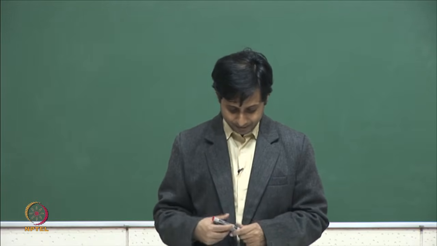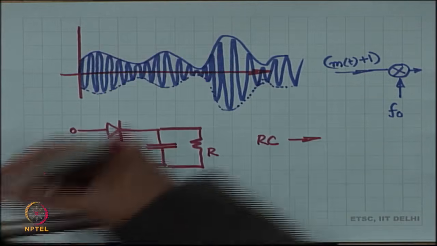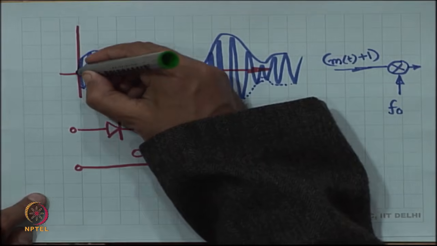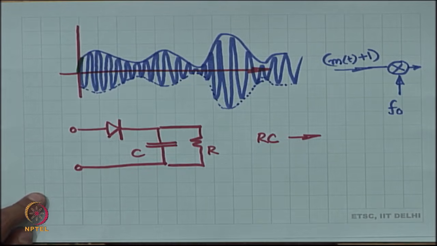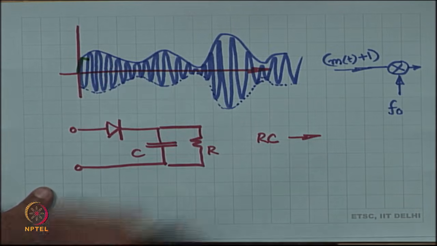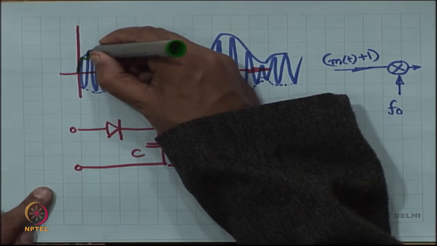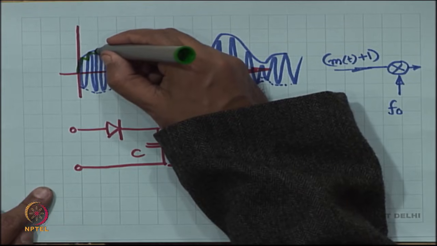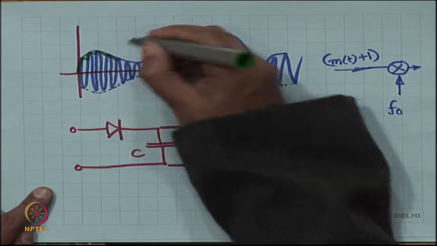So, what is going to happen? Let us do it with a different color. First it is going to track and then it is going to start falling, but in the next cycle it again tracks, falls, tracks, falls, tracks and falls.